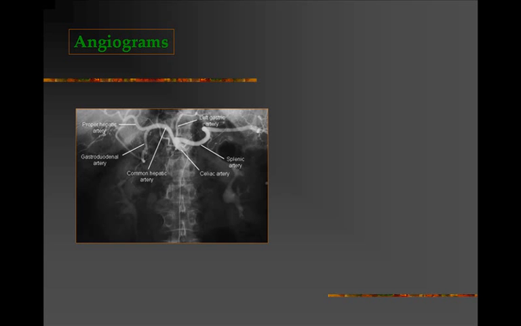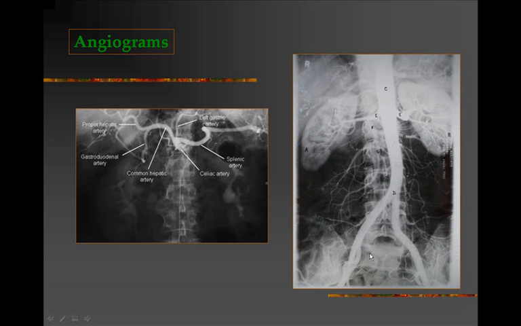This delineates the branches of the celiac artery, including the common hepatic artery, the splenic artery, and the left gastric artery.